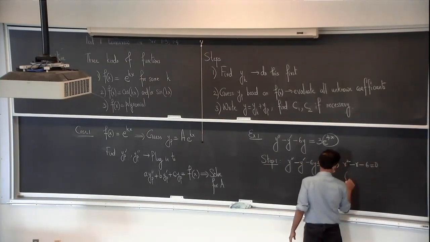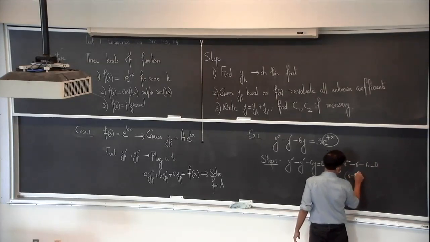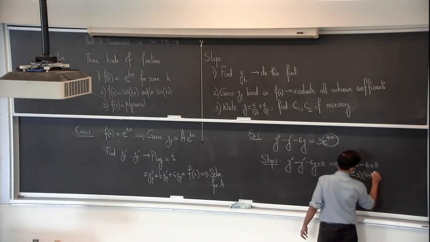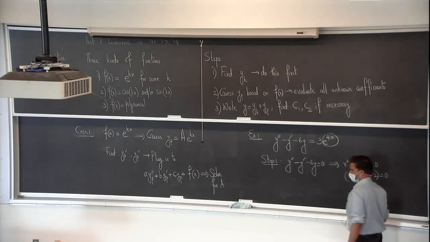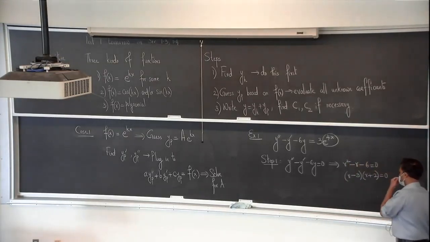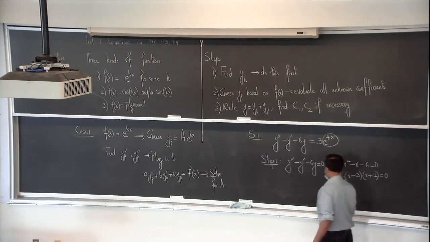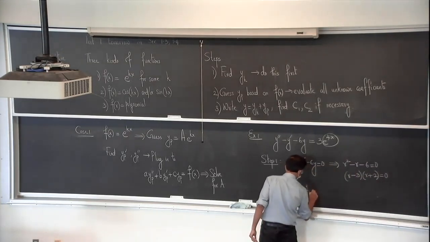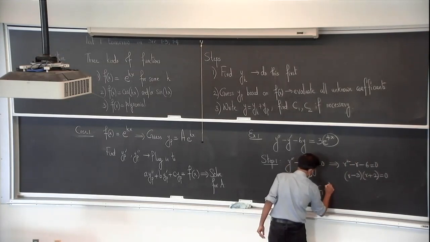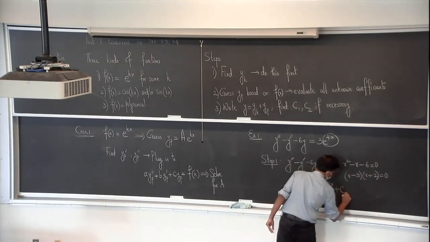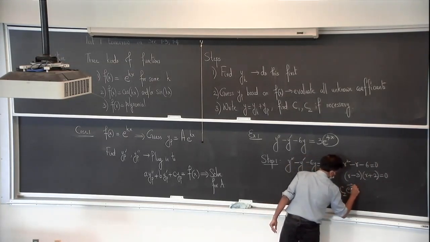So we have r minus 3 times r plus 2 equal to 0. So this is case 1. So your YH would be C1 e to the power of 3x plus C2 e to the power of negative 2x.